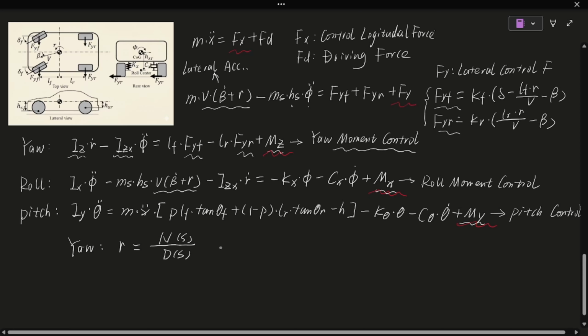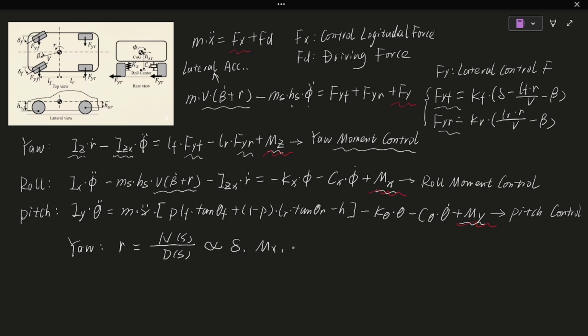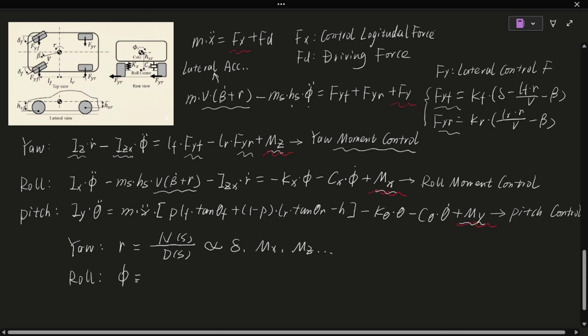Here, N and D are the numerator and the denominator of the transfer function. Using the superposition principle, organize the effects of delta, Mz, and Mx on yaw, respectively. Similarly, organize the same results for yaw and pitch.